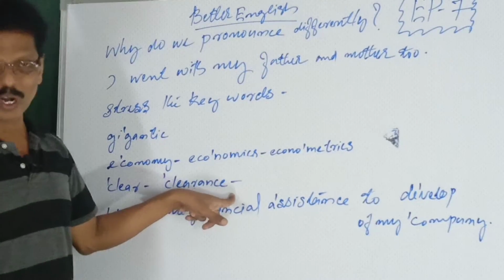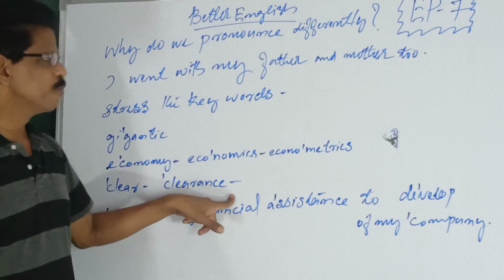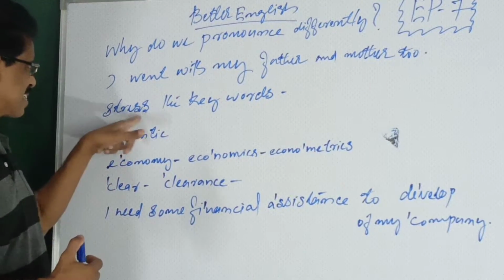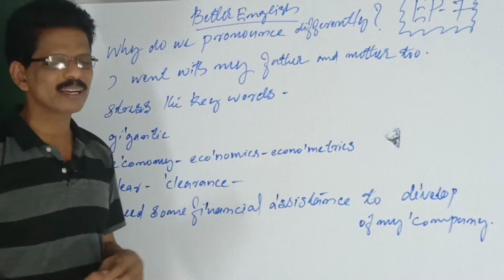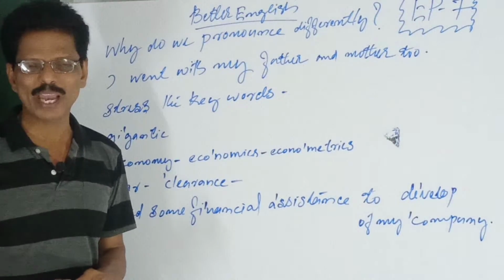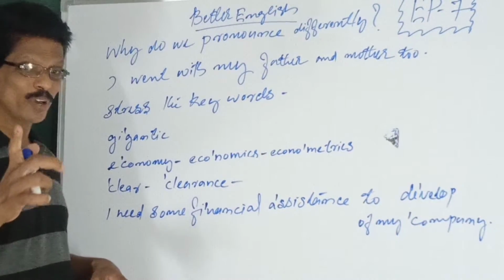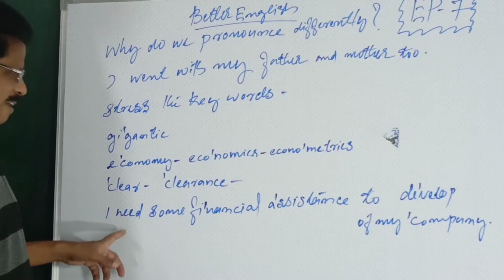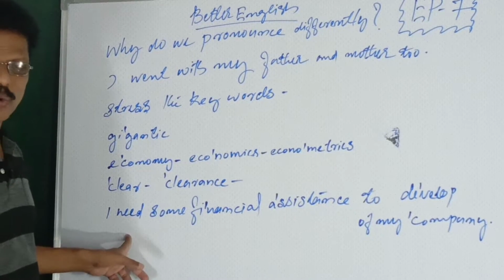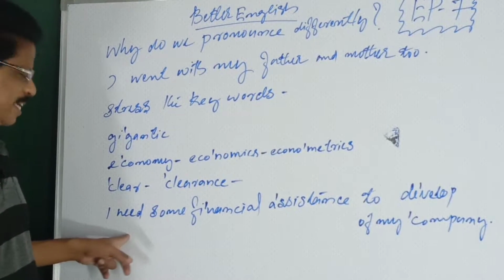Okay, so what I want to convey through this video is that we must be emphasizing, stressing the key words in a sentence while talking to anyone. Let us take a very good example. I will read the sentence and find where the stress should be given for each word.